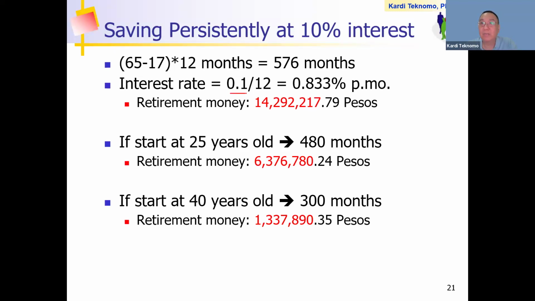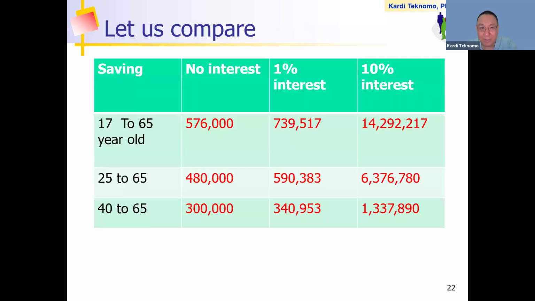This is the only difference. And now you have 40 million, and 6 million if you start at 25 years old, and if you start at 40 years old, you get only 1.3 million.